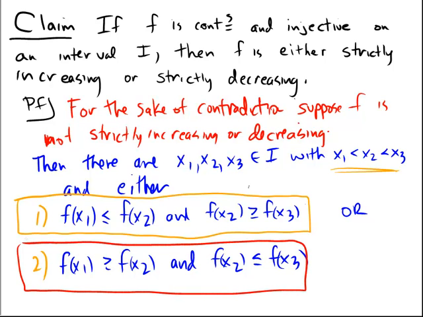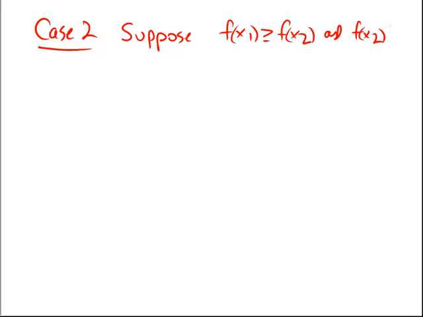So if you're going to try this on your own, you would have to suppose f of x1 is bigger than or equal to f of x2, and f of x2 is less than or equal to f of x3. So get sketching. Draw yourself a little picture and try to reason through it like I did with the first case.